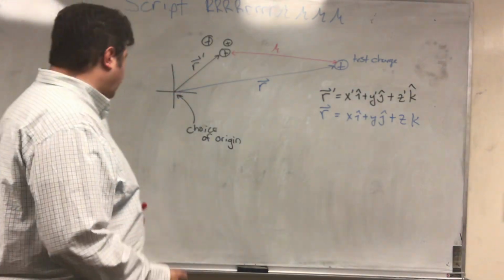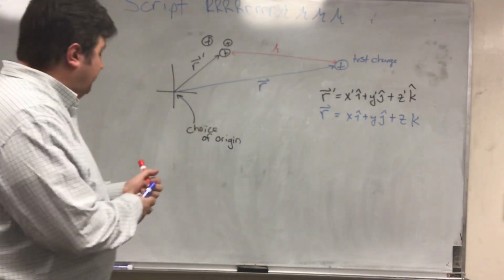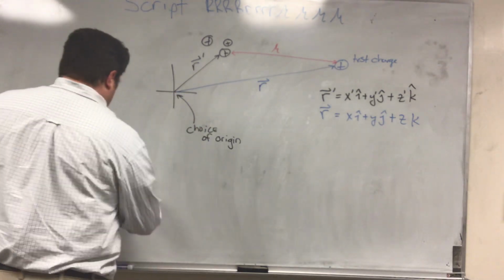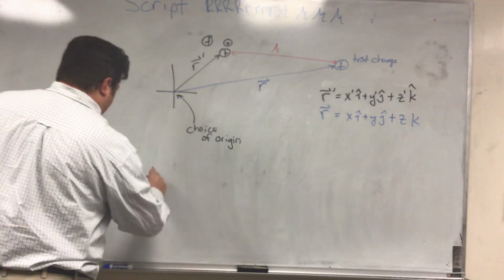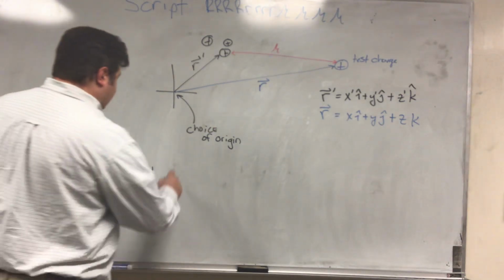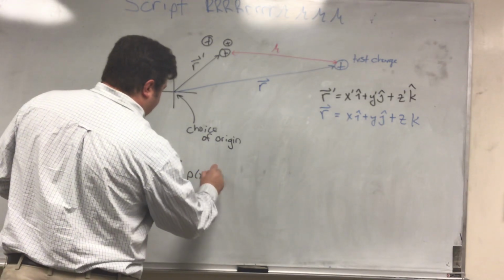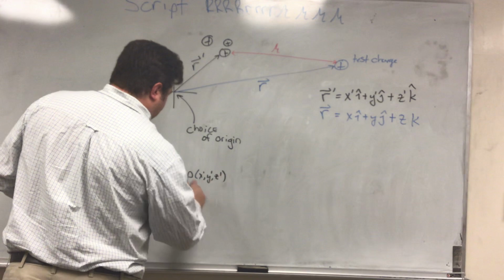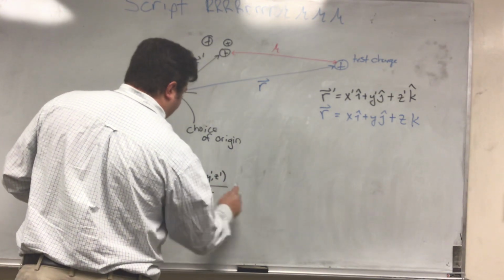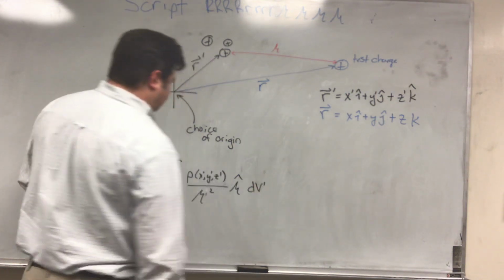Okay, so ultimately, we're going to be using these terms with the following integral. The electric field is equal to 1 over 4 pi epsilon naught, the integral of rho of x prime, y prime, z prime, over script r squared, script r hat, d volume prime.